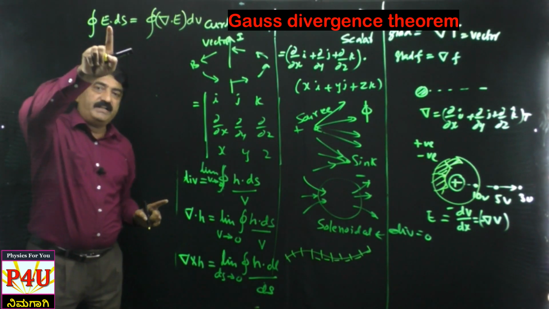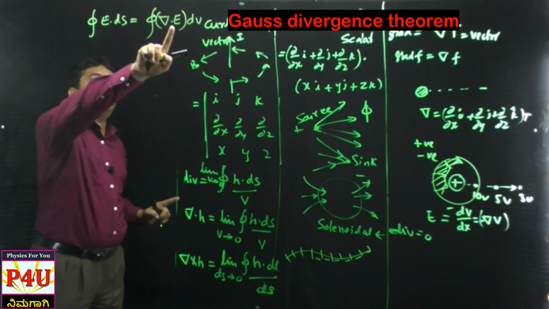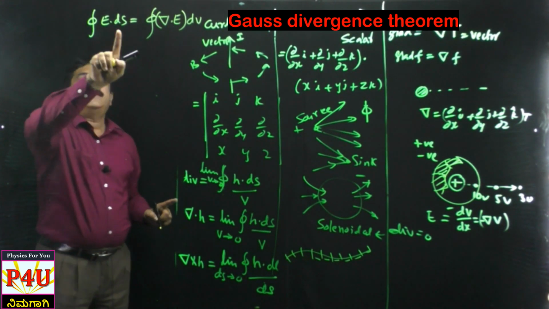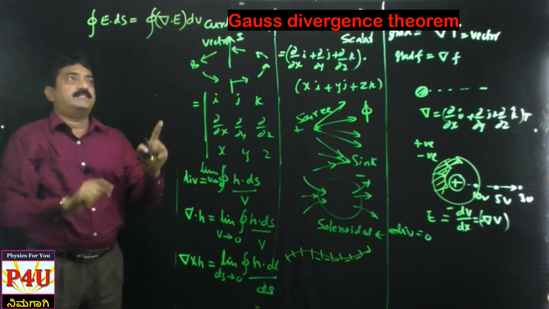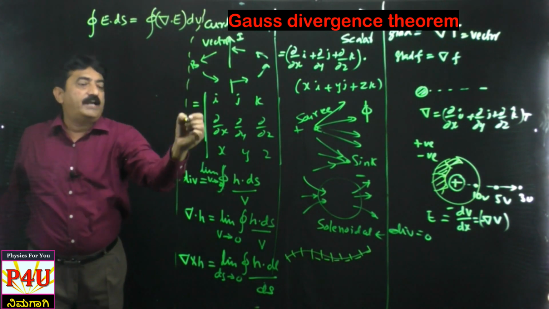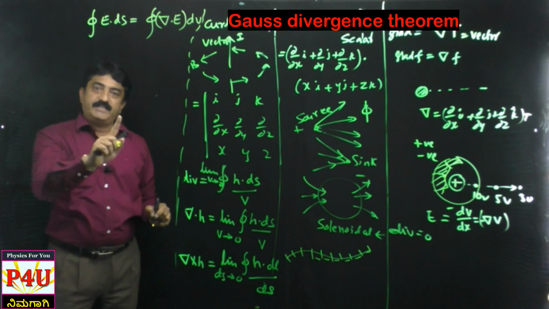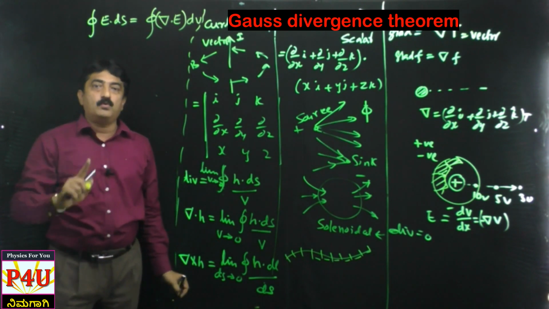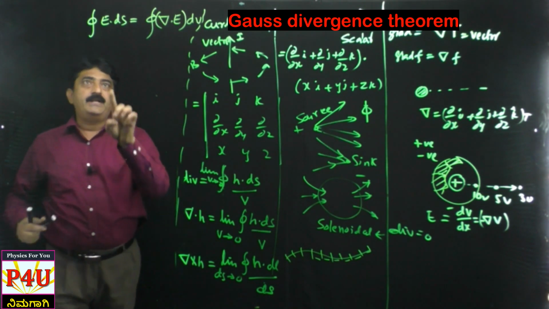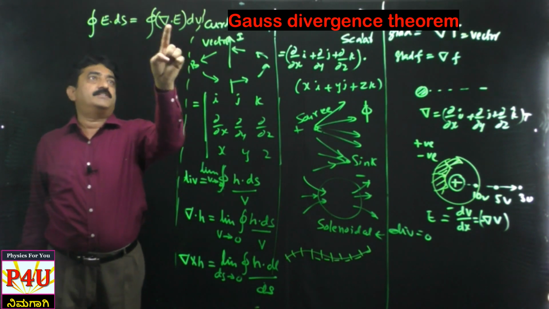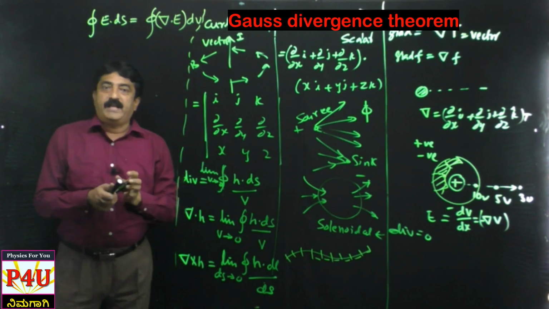See, flux of the vector E dot ds is equal to the divergence of the vector, del dot E. This is surface integration, so I have ds here. This is volume integration, I have dV over here. So prove this. This is one of the expected questions: state and prove Gauss divergence theorem. Statement: surface integration of a flux is equal to volume integration of the divergence.